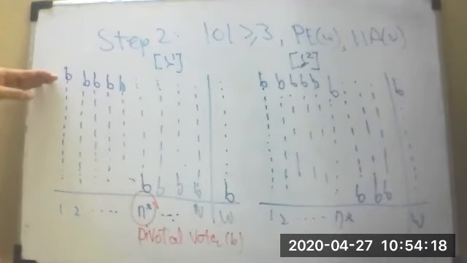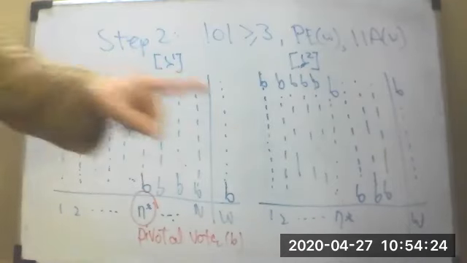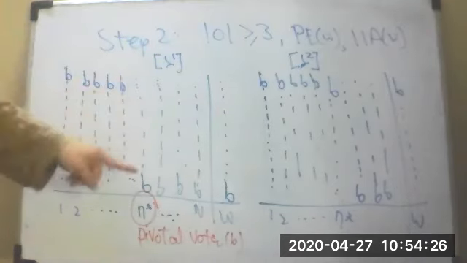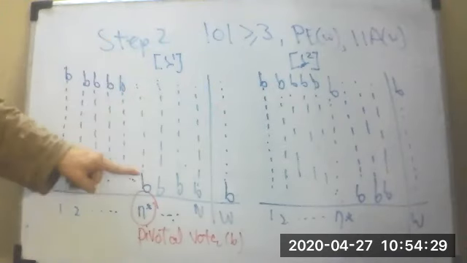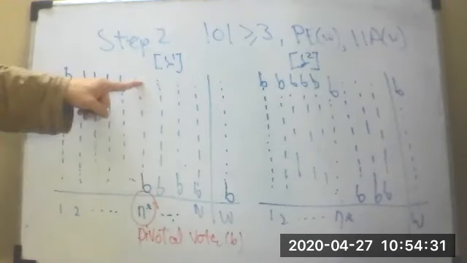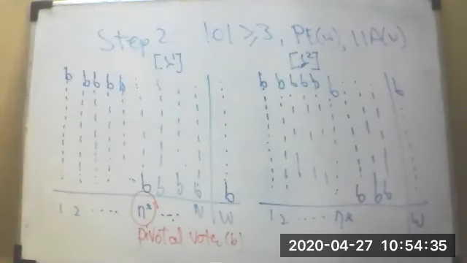Either the agents are ranking B at the very top or at the very bottom. So that's why, with this change of n star moving B from the bottom to the top, B also goes in the social welfare function from the bottom to the top.